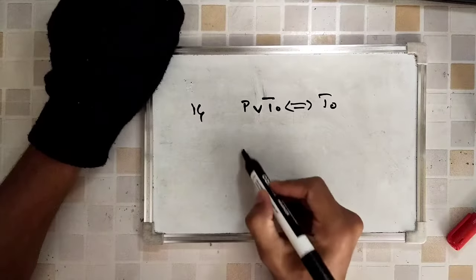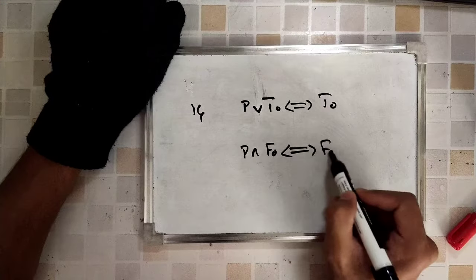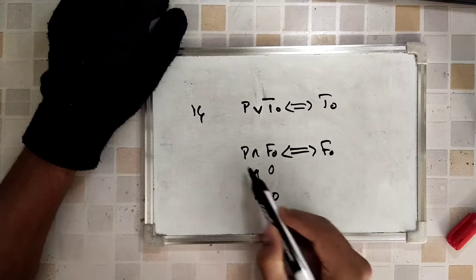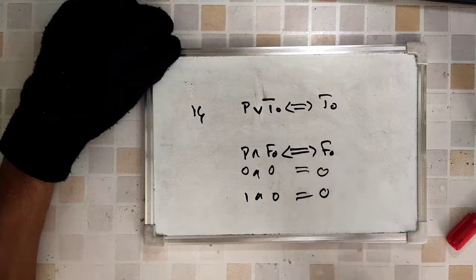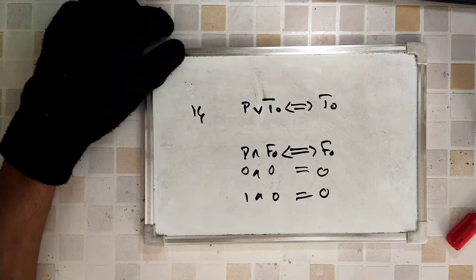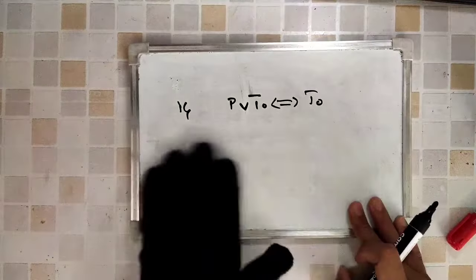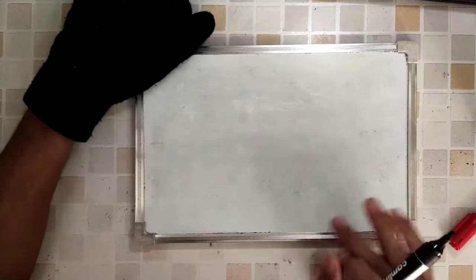Similarly, P and F naught is always logically equivalent to F naught. Why? Because F naught is 0 and it is AND, right? Let it be 0 or 1, always it will give 0 itself. So if it is giving always 0, then it is logically equivalent to F naught. It is just the opposite of identity law. Once I show you the paper thing, you will understand it more easily.